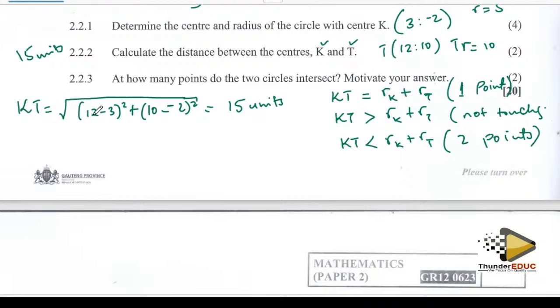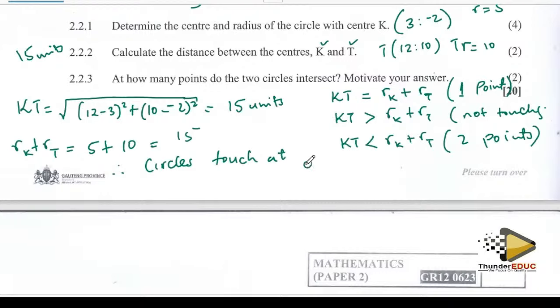So we have our KT. Can we get the radius of K plus the radius of T? Remember we said radius of K was a 5, radius of T is a 10. So that is 15. So the two are equal. And we said for as long as they are equal, the circles are touching at one point. Therefore, the circles touch at one point.